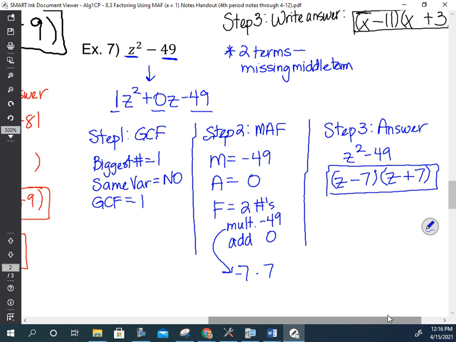So, example 7 is actually a special case, which is called the difference of two squares.